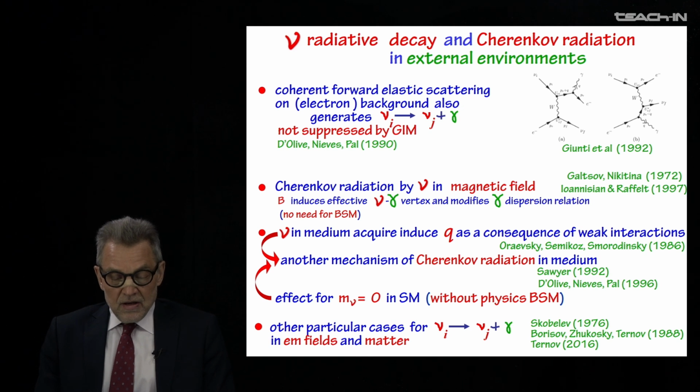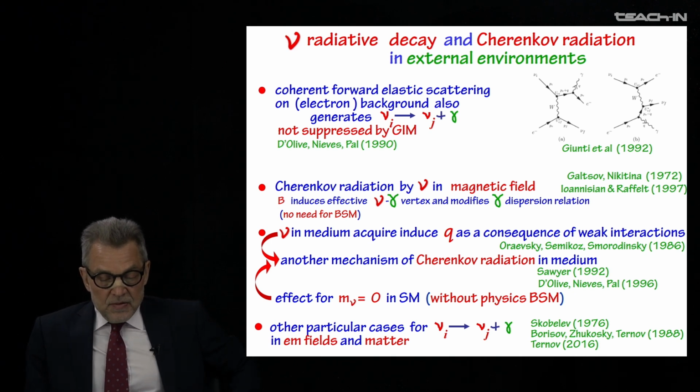And in such a way, the neutrino can also emit photons, with no need for theory beyond the standard model. By the way, this was discussed for the first time in papers published by our colleagues from the Department of Theoretical Physics, Galtsov and Nikitina, in 1972. And then it was also investigated in some detail by Raffelt and Anisyan in 1997.